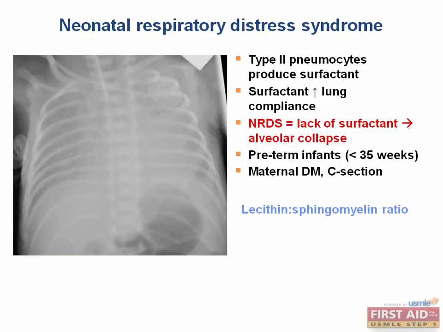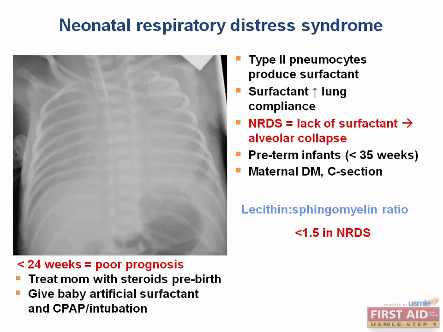Can you recall the most important lecithin molecule we're concerned about here? Very good, dipalmitoyl phosphatidylcholine. In NRDS, the L to S ratio is generally less than 1.5, whereas a ratio of 2 or greater indicates a low risk of NRDS. Survival is poor in neonates younger than 24 weeks.